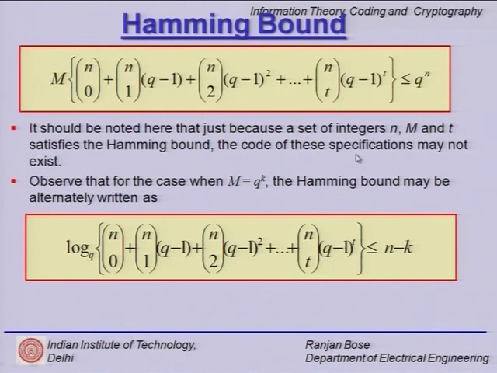Now, we also made an observation that just because we have a set of integers n, M and t which satisfies the Hamming bound, it does not necessarily mean that a linear block code exists for those numbers. You can alternately write the Hamming bound by substituting M equal to q raised to the power k as follows. Please remember the Hamming bound is for a q-ary code, it is not necessarily for binary. Binary is a special case when q is equal to 2.